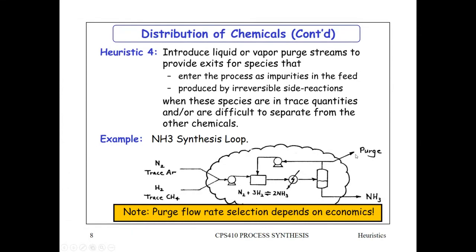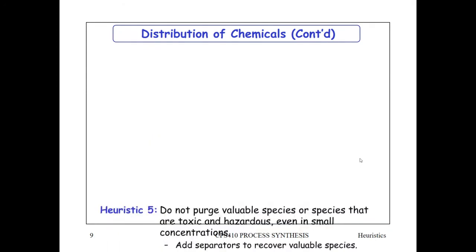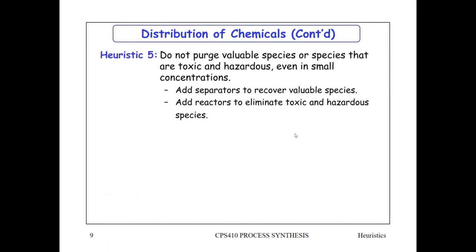So let's talk about this purge and heuristic 5. So add separators to recover valuable species. So we said we'll add a membrane separator to try and recover the hydrogen, and the rest, the argon and CO, we will add a reactor, and that is a flare.